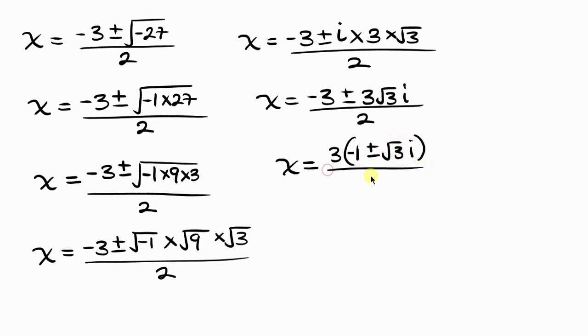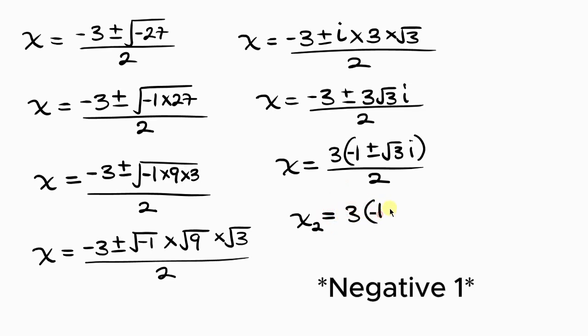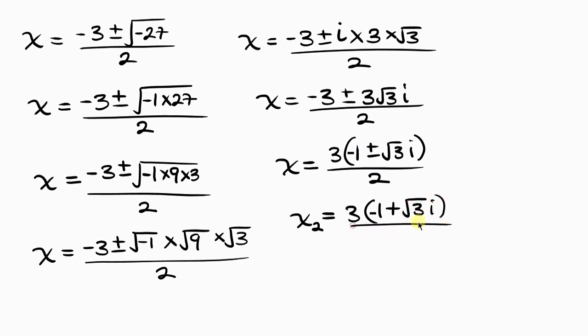all over 2. So we have two solutions of x here. So one of the solutions is, remember we've got one real solution before. So this is going to be the second solution. So x sub 2 is equal to 3 times 1 plus, I'm taking the positive first, the square root of 3 i all over 2.